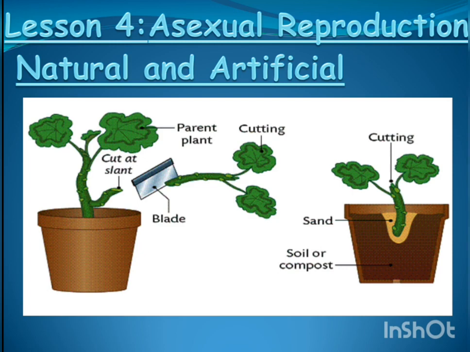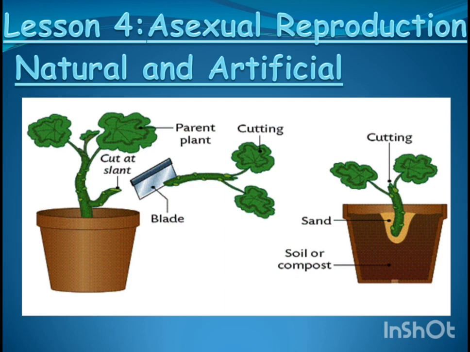Okay, now tell me, what is the benefit of this asexual reproduction? With asexual reproduction, both artificial and natural, we require only one plant, and from that one parent plant we can grow many baby plants. Also, all the features and characteristics of the parent plant will be in the baby plant.